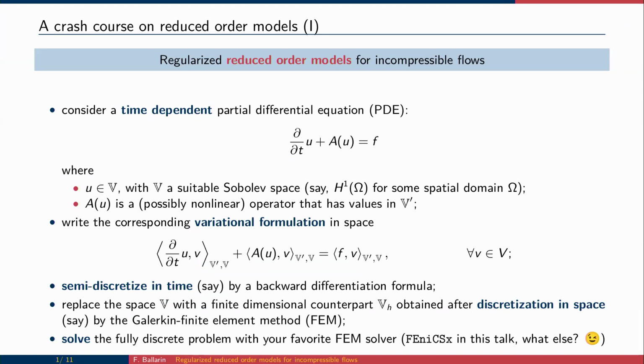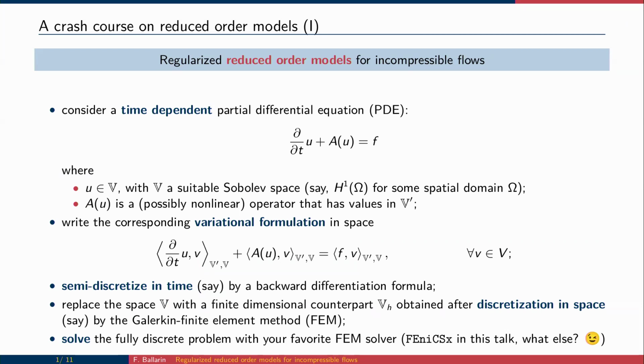A of U. What is it that you do when you want to write out a finite element solver for this problem? You write the corresponding variational formulation in space, and you get an equation like the one written in the middle of the slide. And after you have the variational formulation in space, you semi-discretize in time, for instance, by using an implicit method like backward differentiation formula.